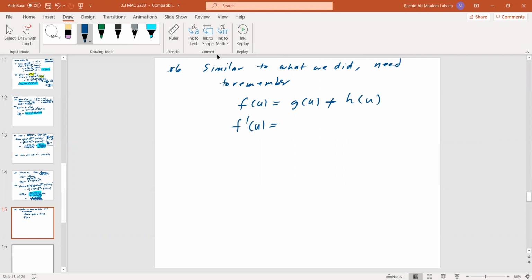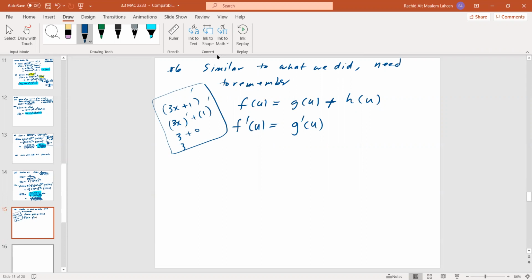and you have a sum of two functions, which we've done now so many times, anytime you have 3x plus 1, what is the derivative of this one? It is the derivative of 3x plus the derivative of 1. It's 3 plus 0, it's 3. So this is what we've been doing all the time. So the derivative of this function is going to be the derivative of g.